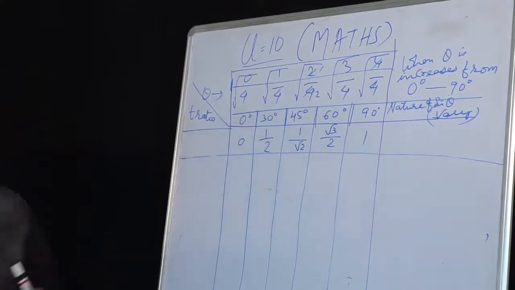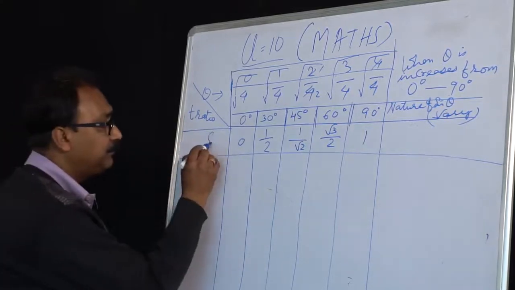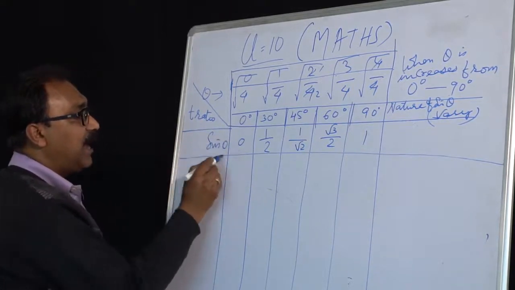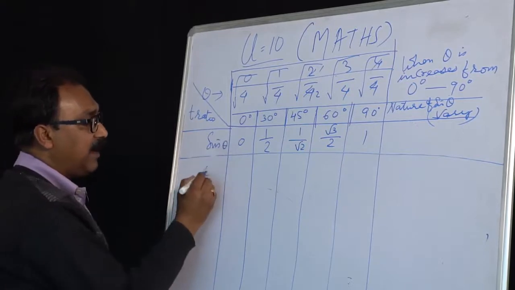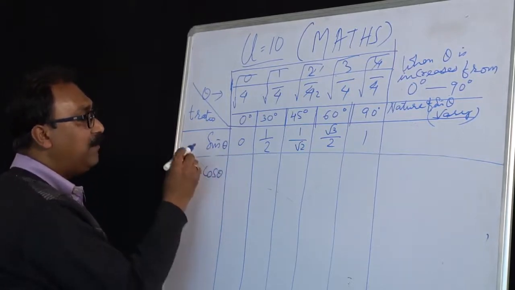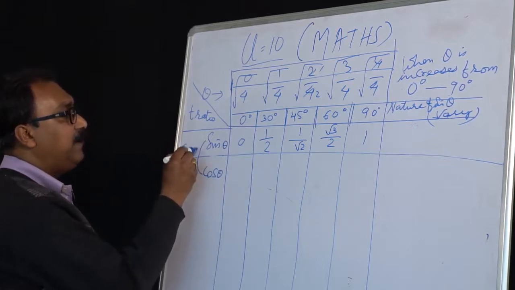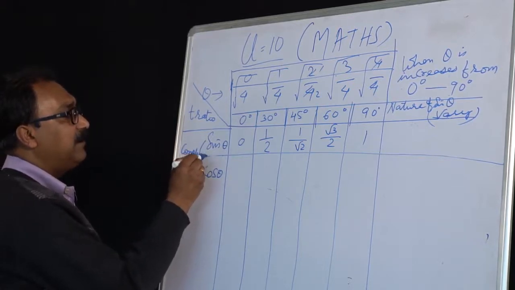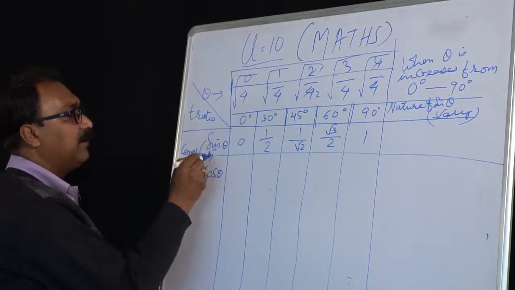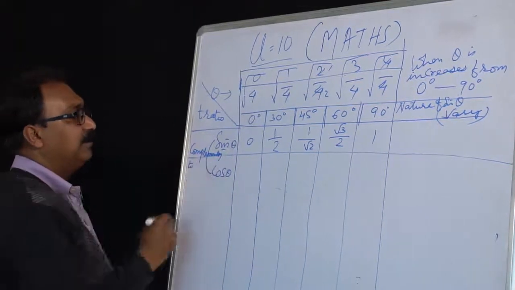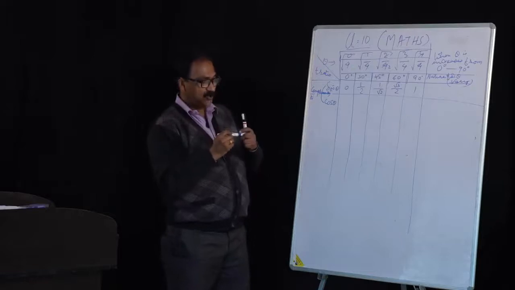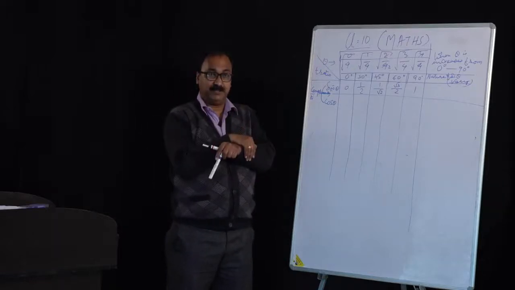Now, make closer this one. Sin and cos are complementary to each other. What do you call it? Complementary to each other means they change the value with respect to 90 degree.